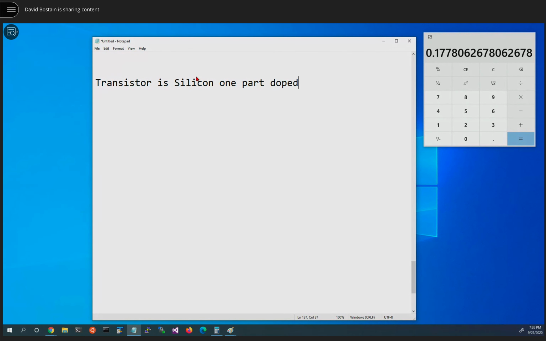That means mixed with another chemical that has extra electrons, or mixed with a chemical that has too few electrons. One's doped with too many electrons for silicon, and the other part too few. So we have what's called P material, we have N material.